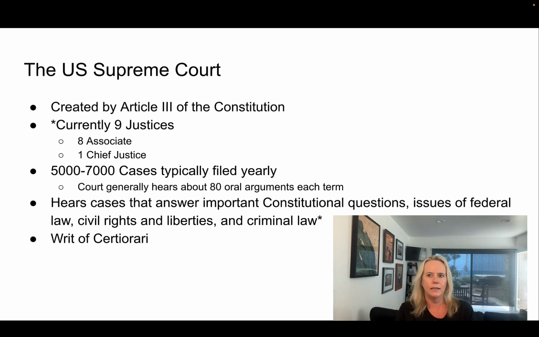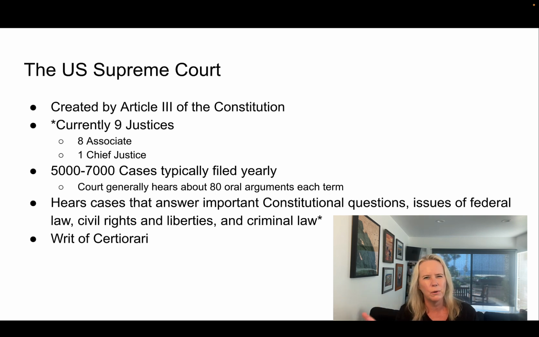That is the appeal from your attorney that says basically, hey, Supreme Court, we've got a really interesting case that you might want to hear. And you hope that your case is one of those 80 arguments that they hear each year. Generally, the Supreme Court starts the first Monday in October.